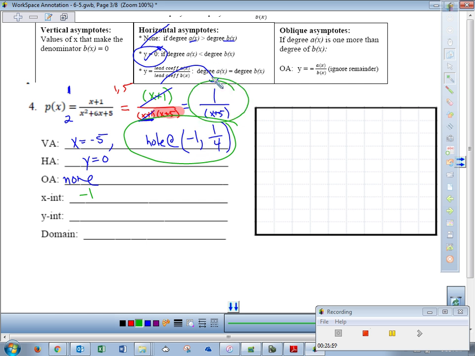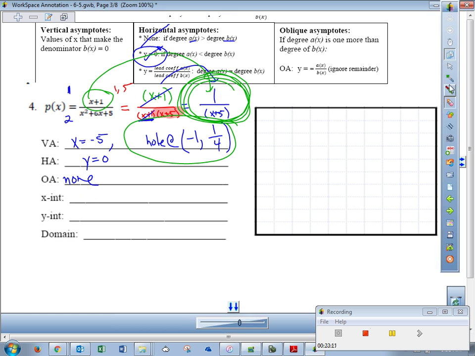So what you really have to do is look at this guy to find your x-intercept and y-intercept. Can't look at the other one because I've got a hole in the graph there. Where would this equal 0? When does 1 equal 0? Never. Right? So are there any x-intercepts? There's none. That thing really does not cross the x-axis at negative 1 because there's a hole in the graph right there.